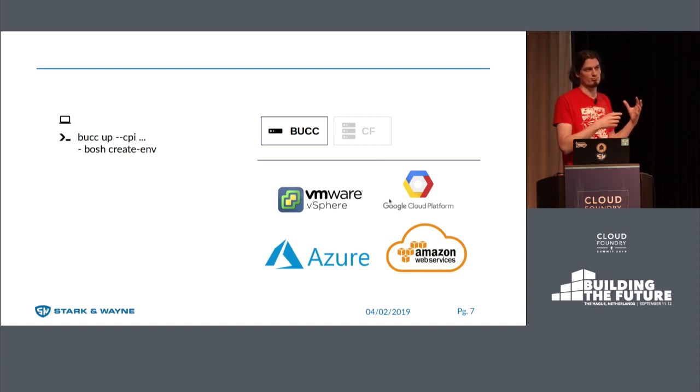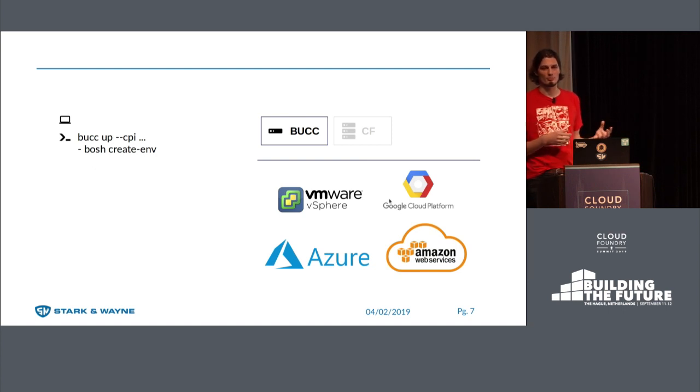It's all basically built on top of BOSH deployment. We consume the ops files there, and we feed those to BOSH create-env, which does the magic of creating a VM from nothing. So you will end up with one VM on your infrastructure of choice, and then you can start deploying your Cloud Foundry.